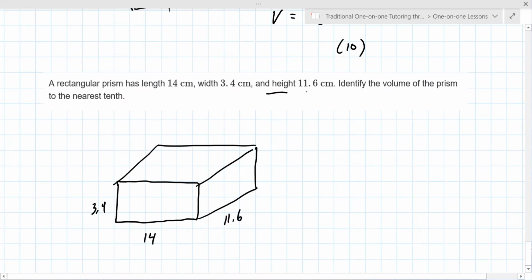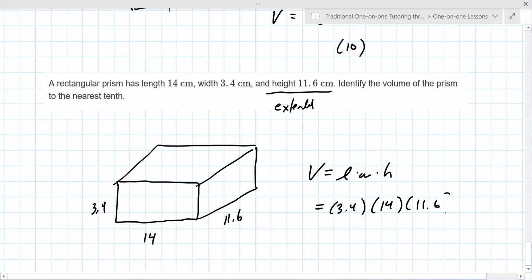So the height is generally like the extended amount. When you've got just three sides like this, the volume is length times width times height. So go ahead and grab your calculator and work it out here. 552.2. Good.